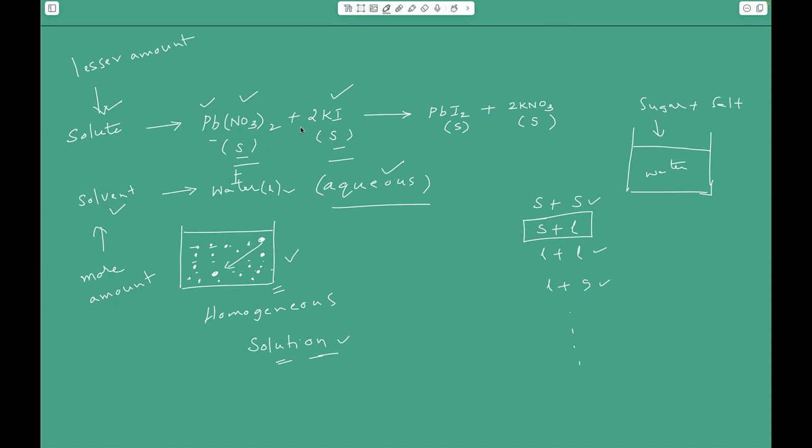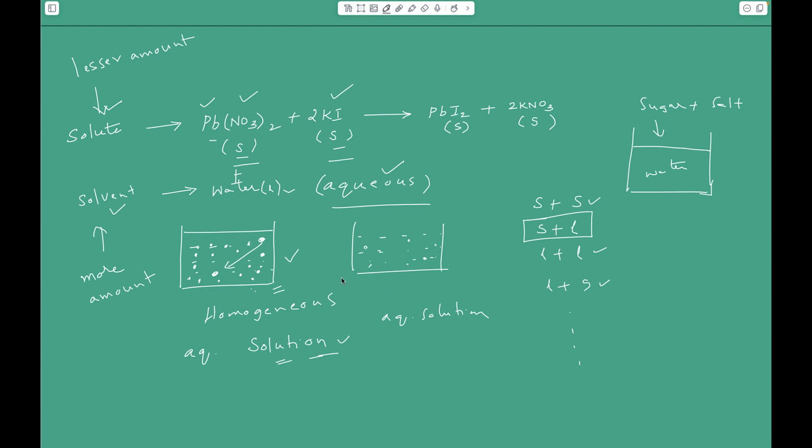Now let us get back to this chemical reaction. To carry out this chemical reaction, we first dissolved lead nitrate in water to prepare an aqueous solution of lead nitrate. Similarly, we have to prepare an aqueous solution of potassium iodide by dissolving potassium iodide in water.